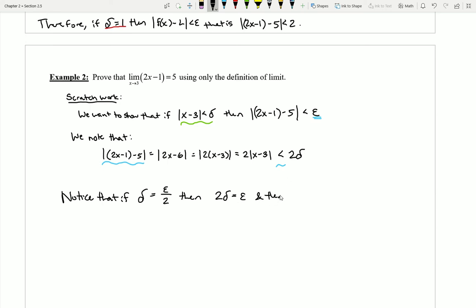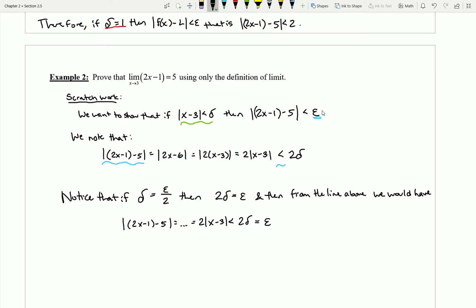And then from the line above, we would have that the absolute value of 2x minus 1 minus 5 would simplify all the way down to actually be 2 times the absolute value of x minus 3, which is less than 2 delta, but 2 delta is identical to epsilon.